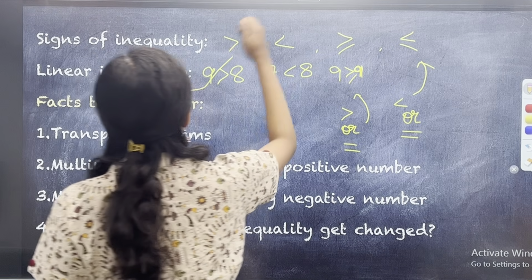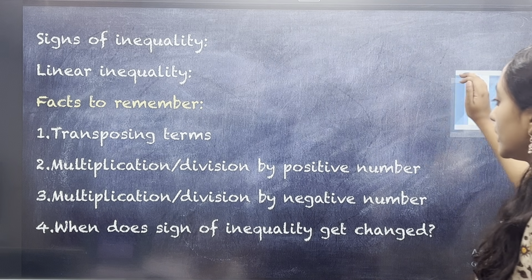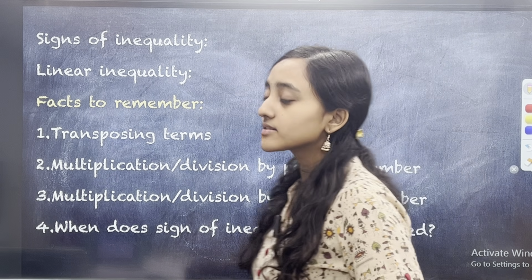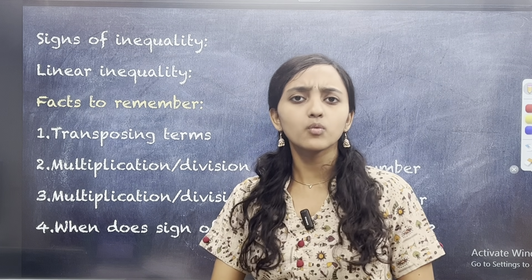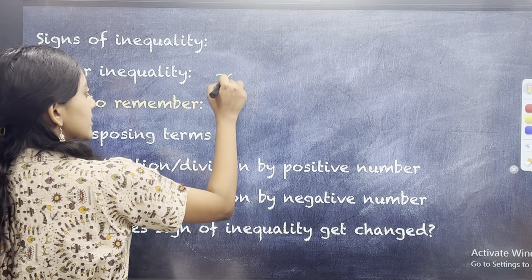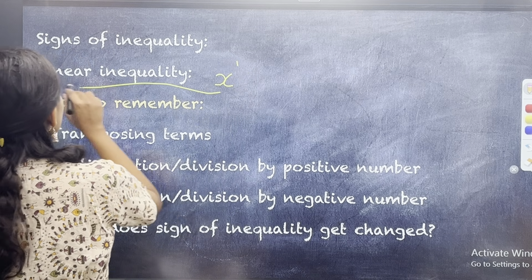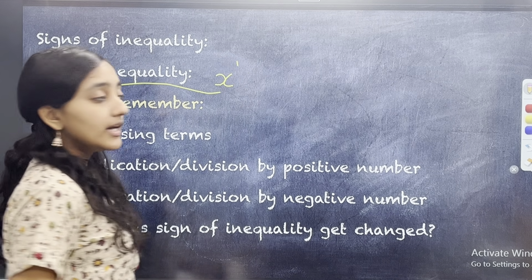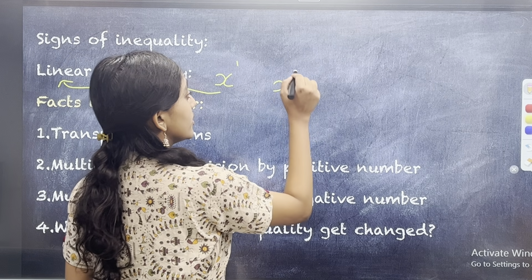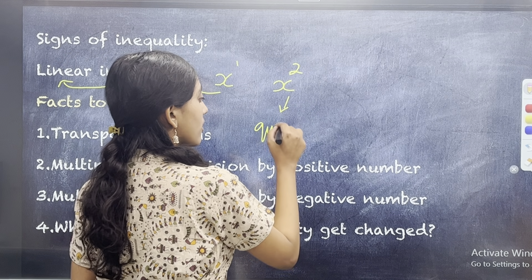You know all these signs of inequality very well. Now we have to go through what is linear inequality. Linear means degree 1. What does degree 1 mean, Didi? What it means is that if you have a variable x and it has a degree 1, it is called linear. If you have a variable with degree 2, it is called quadratic.